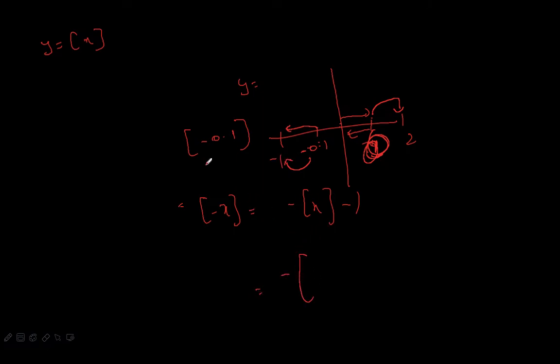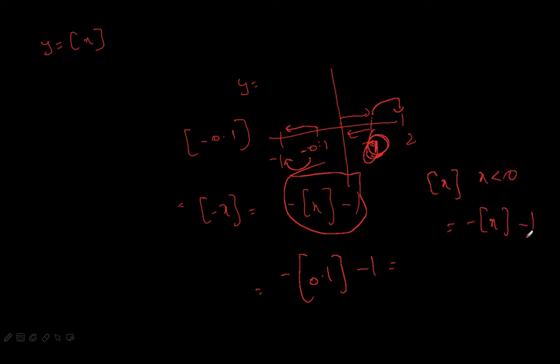So step of minus 0.1 is minus 1. Otherwise, take it as a formula: for x less than 0, step of minus x is minus of step x minus 1. Now for minus 0.1, my step of 0.1 is 0, minus of 0 minus 1, which is minus 1.